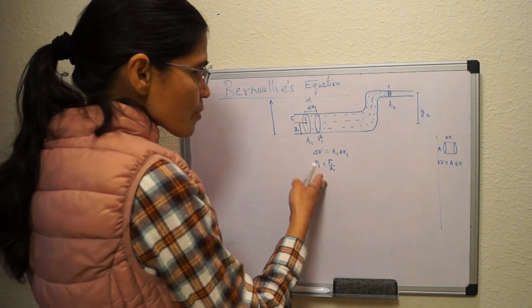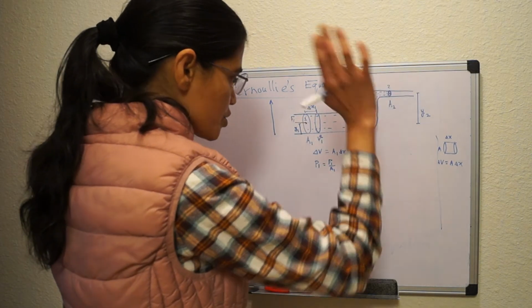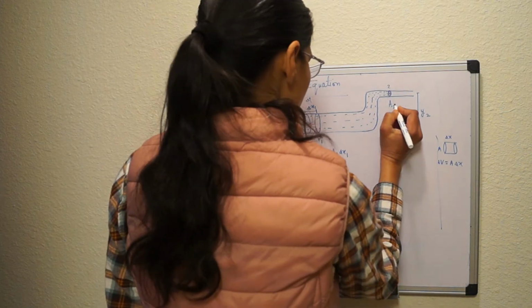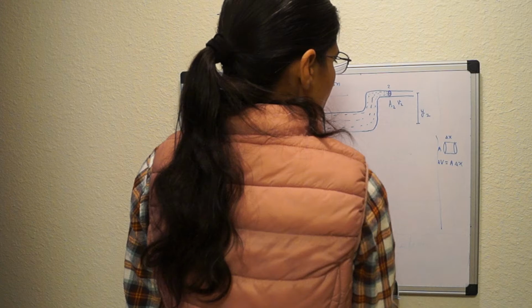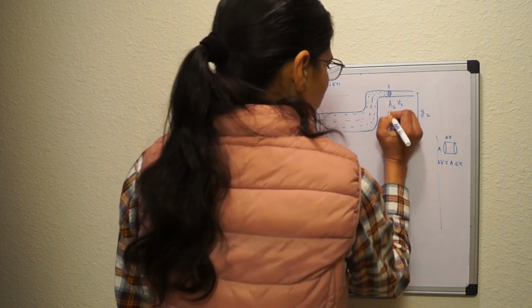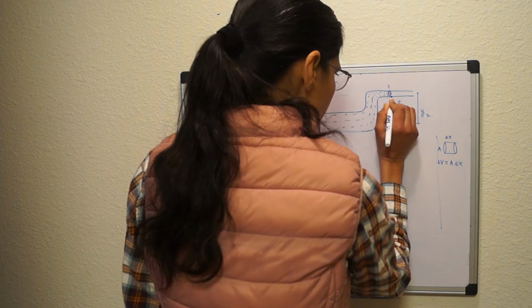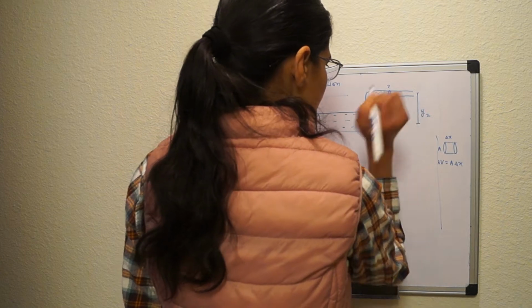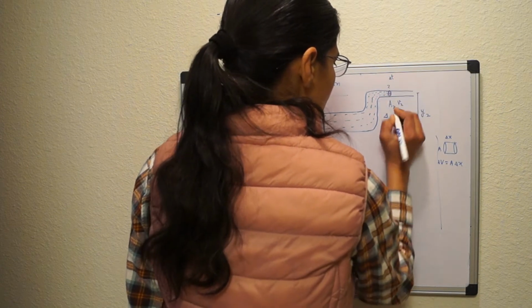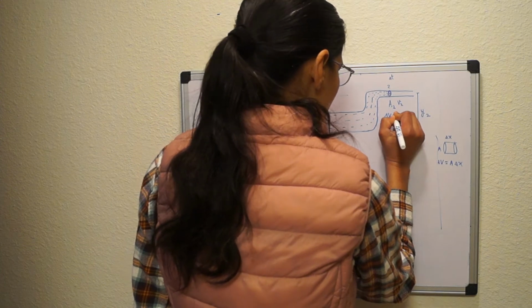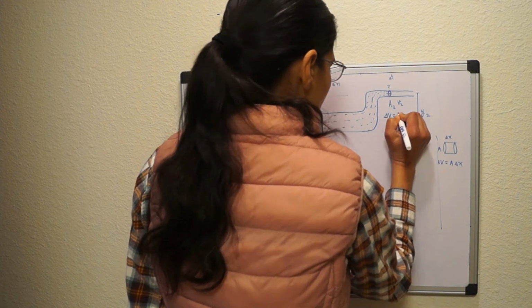We want to do the same thing here for this point 2. So again, we have area 2, the fluid moves with the speed v2, and then the volume amount of the fluid that is flowing here in the duration delta t is delta V equal to what?